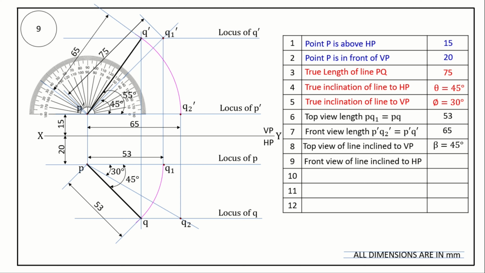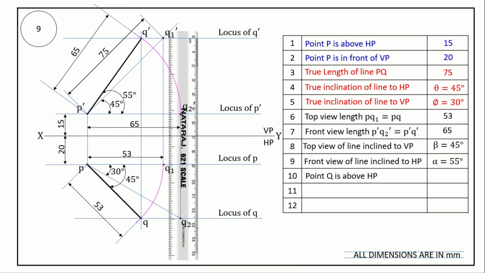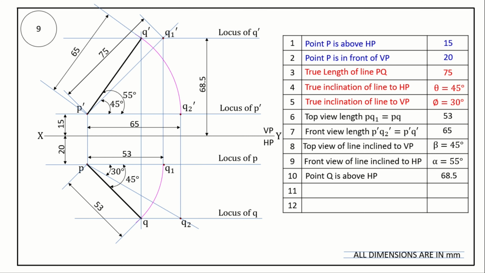So, the front view of the line is inclined to HP by an angle alpha equal to 55 degrees. Point Q is above HP. The distance between the locus of Q dash and XY is measured. It is equal to 68.5 mm. So, the point Q is 68.5 mm above HP.